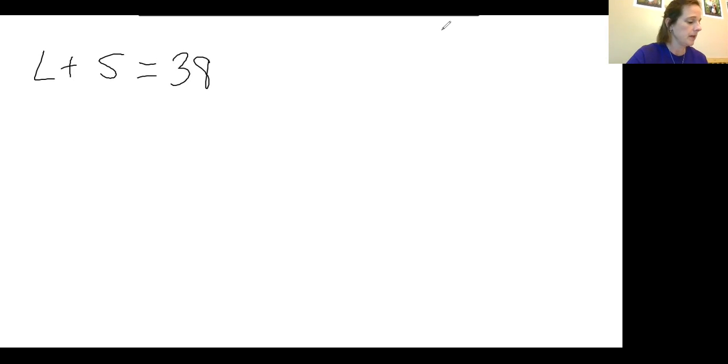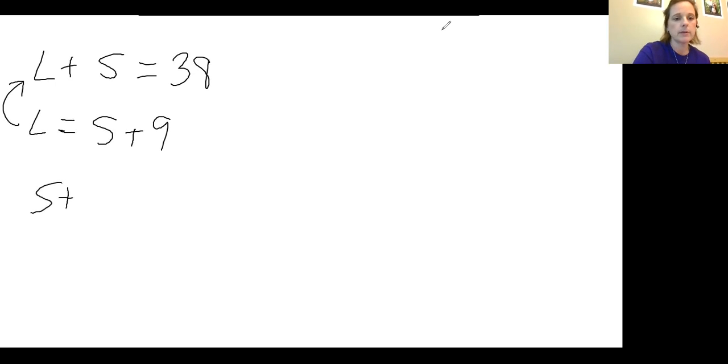Then it says the long piece was 9 meters longer than the short piece. So what does that tell us? The long piece is, or was, same difference, the short piece plus 9, right? 9 meters longer, so you take that short, add 9 to it, and you get the longer one. So now that I have my 2 equations, because it's already solved that way, I'm going to substitute it like that.